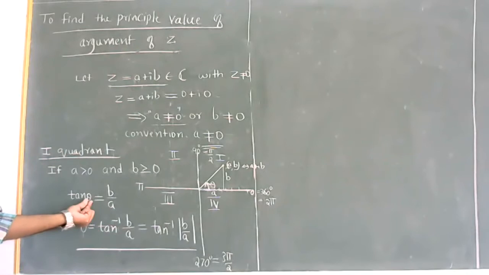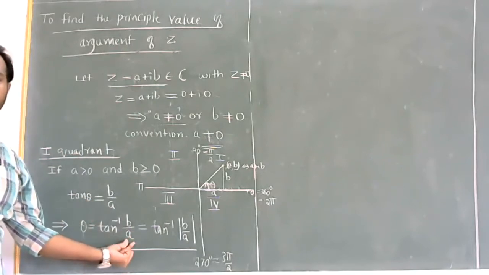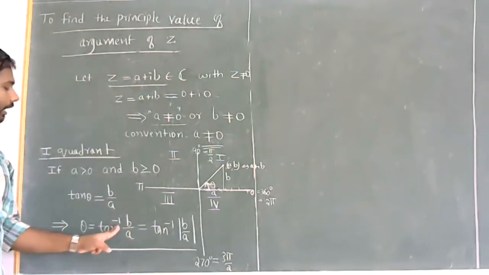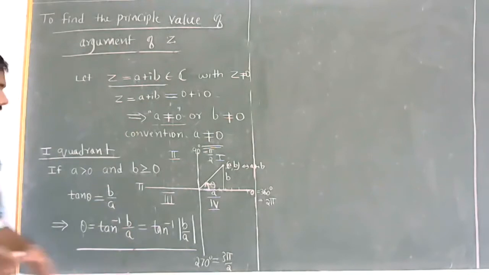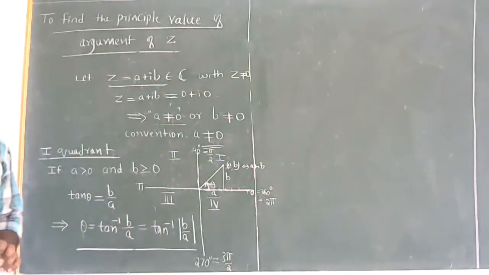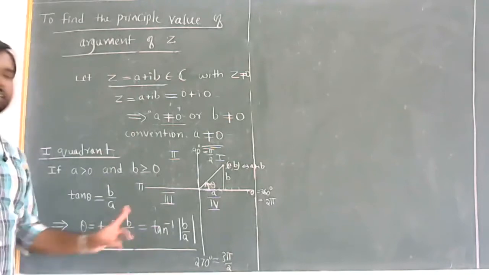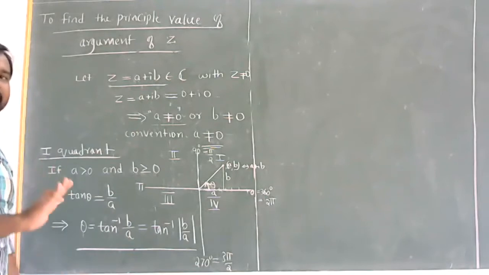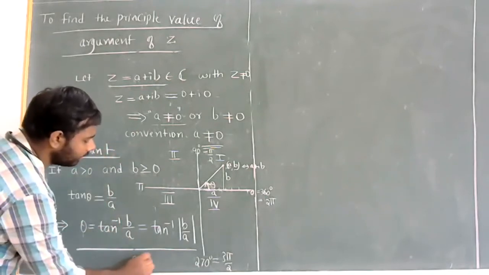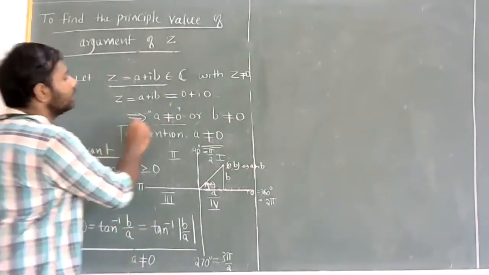To get that theta value, you just have to calculate tan inverse of b by a. You know what b and a are. In this fraction, we have a in the denominator, and whenever the denominator is equal to 0, this value tends to infinity. As we are discussing in general, I am avoiding the case a equal to 0, and for that I have made this convention.